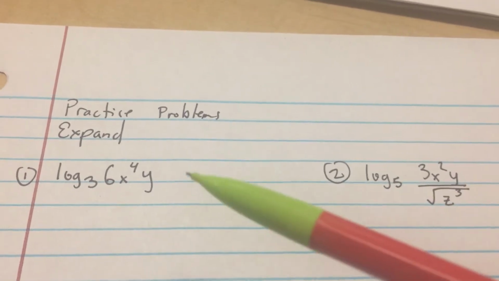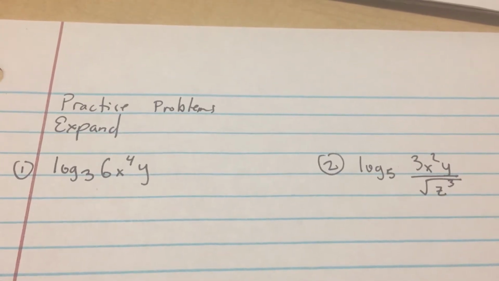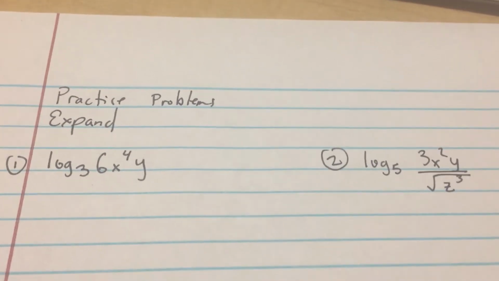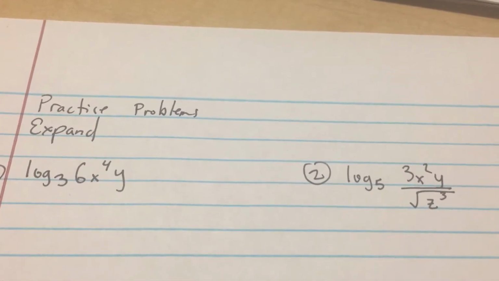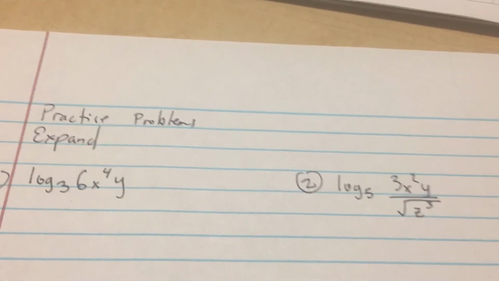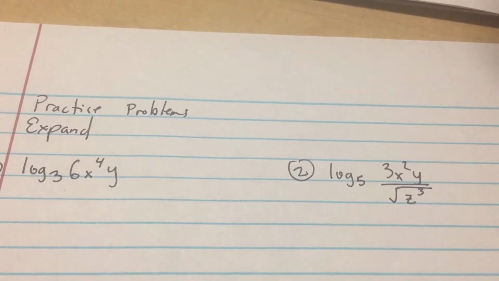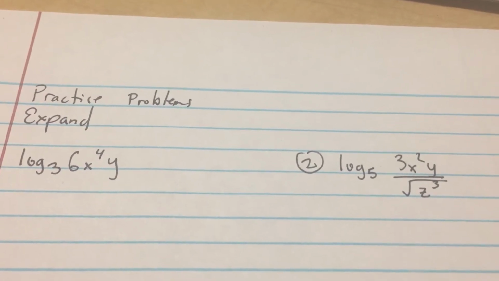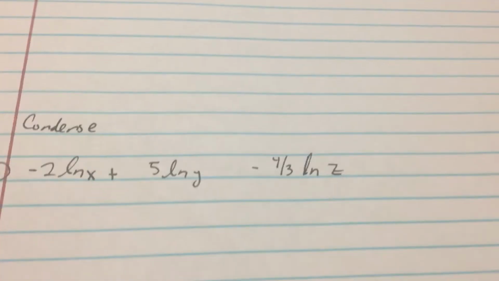So these are expanding log base 3 of 6x to the power of 4y, and log base 5 of 3x squared y square root of z cubed. And then I got some condensing ones.